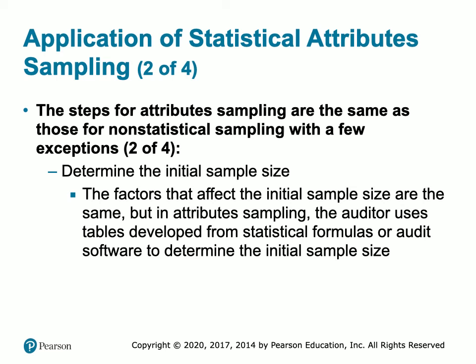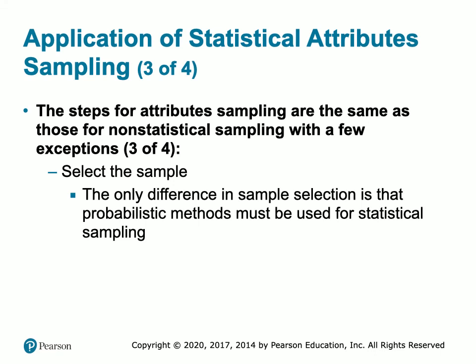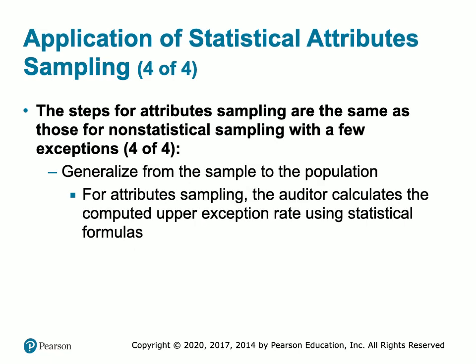And then you determine your sample size, and you're using tables developed by the AICPA to determine the sample size. You select the sample, but you must use probabilistic methods, and then you do the actual sample and you generalize that to the population. So you calculate the exception rate and you use statistical formulas.